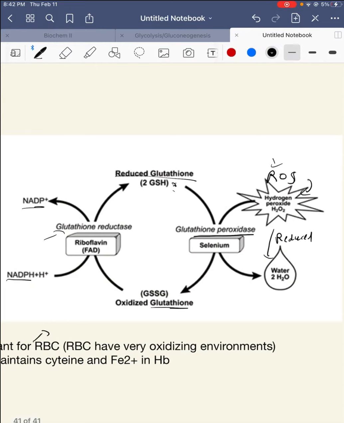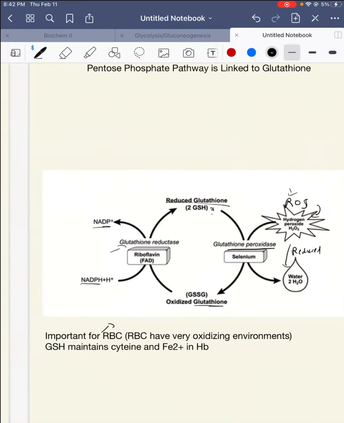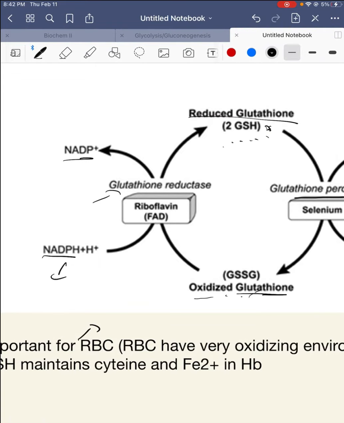So why is this important to NADPH? Why do we need a lot of NADPH when we're using glutathione? Well, to go from oxidized glutathione back to reduced glutathione, we need an oxidizing agent, I'm sorry, we need a reducing agent. We use NADPH, so this is a reducing agent.